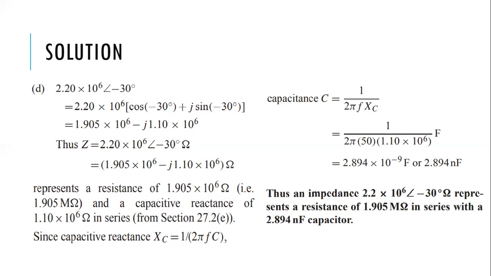And we have a capacitive reactance of 1.10 times 10 raised to the power 6. So when you solve for C, C is 1 over 2 pi FXC. When you put in the values, you get 2.894 times 10 raised to the power minus 9, or 2.894 nanofarad.